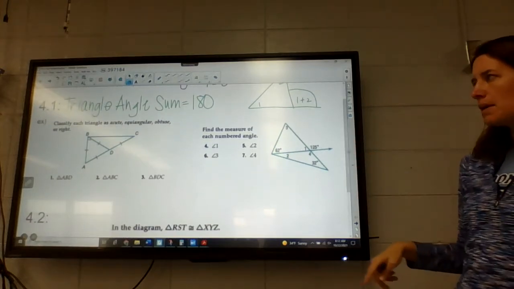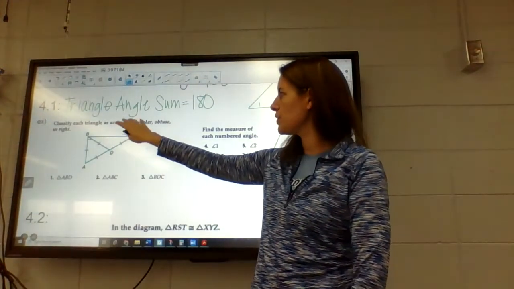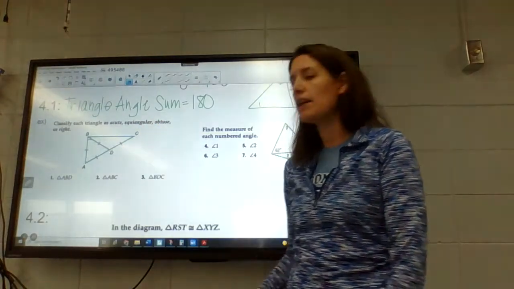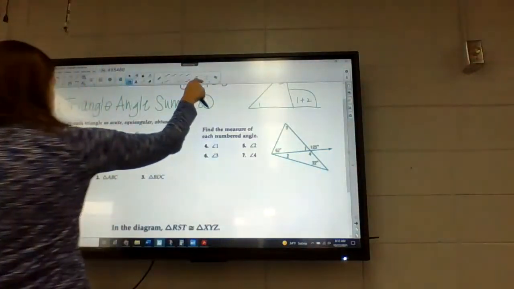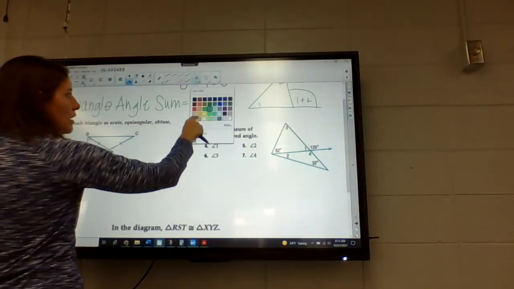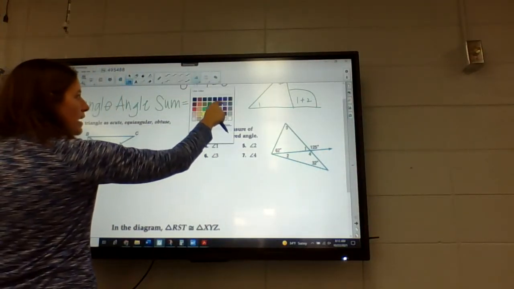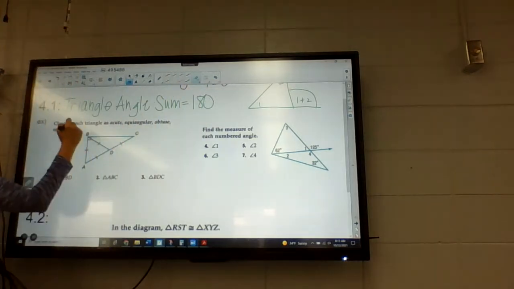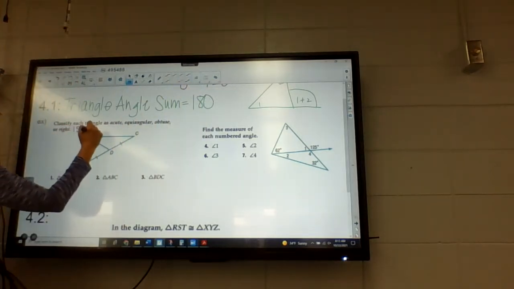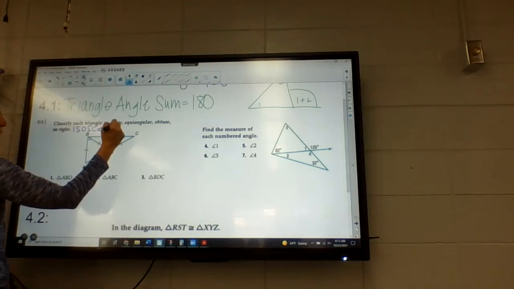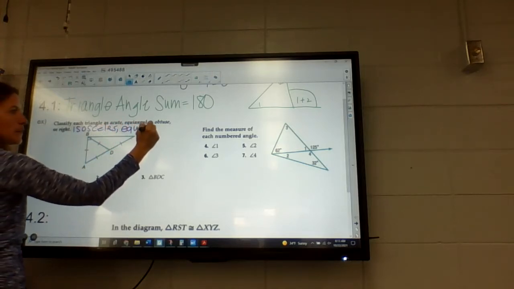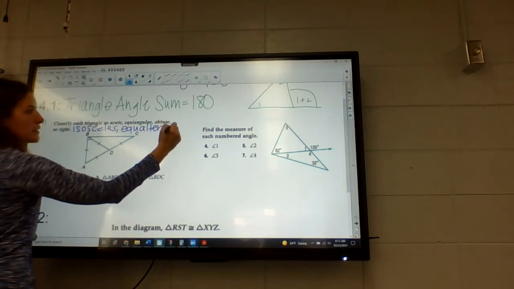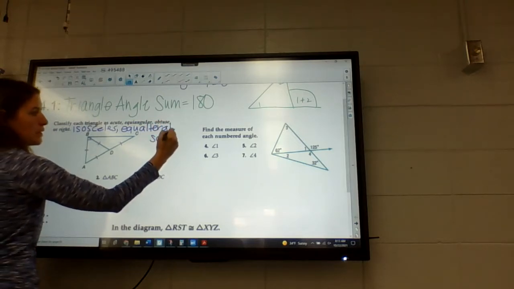So if you guys take a minute to classify these as acute, equiangular, obtuse, or right, and let's actually add in a couple more vocab words. So if you can also classify it using words like isosceles, equilateral, and scalene if you're able to.